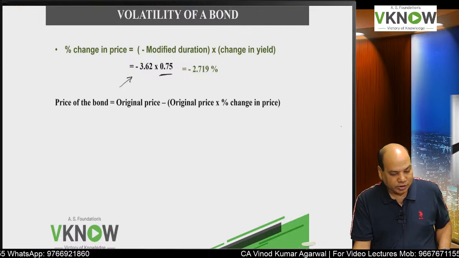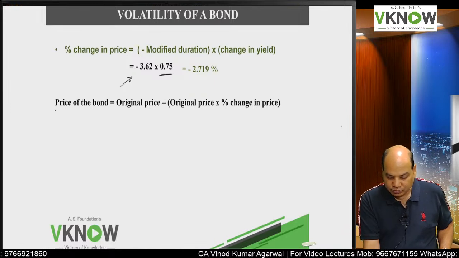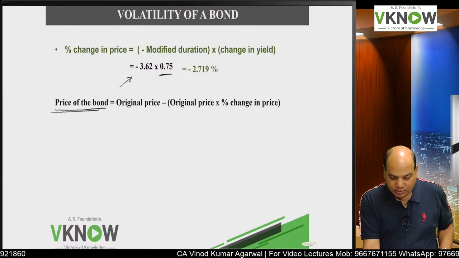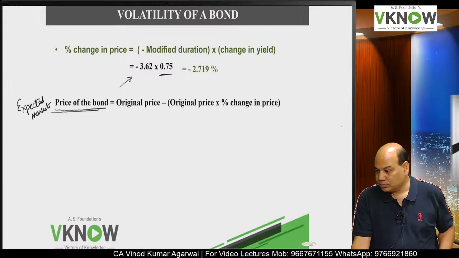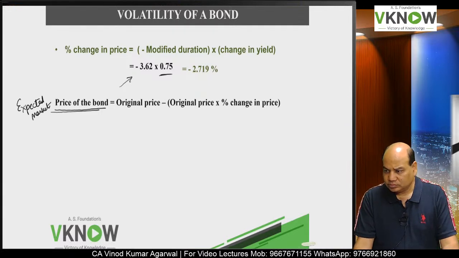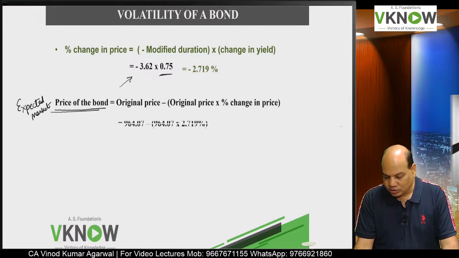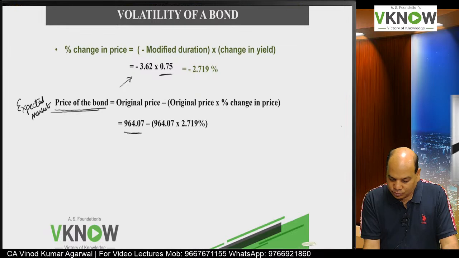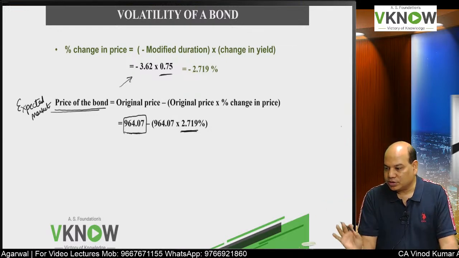And then the last part of the question is, what is the expected market price? So write down expected market price of the bond. Expected market price of the bond is equal to original price minus original price into percentage change in price, or you can just write 964.07, which is my answer in the table, minus 2.719%.